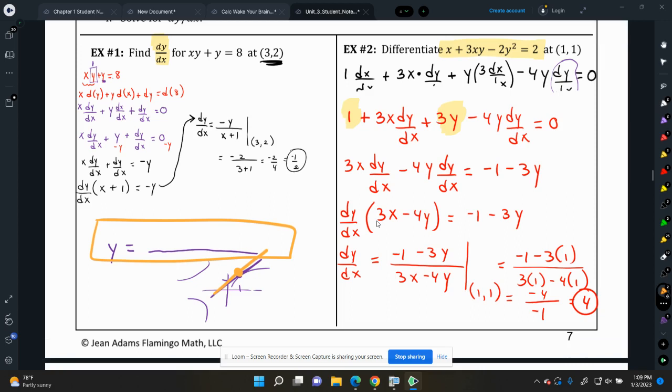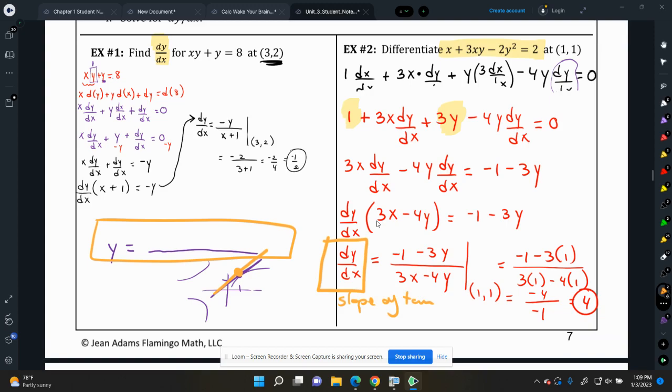But I'm still finding dy dx. dy dx is giving me the slope of the tangent line at that point. This is a really important connection to make.